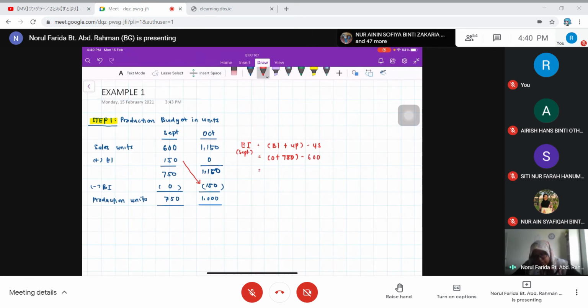Alright, so ending inventory supposed to be 150. Oktober, same thing lah. Beginning inventory adalah ending inventory untuk September which is 150 plus unit produce 1000 minus unit sold 1150. So ending inventory untuk Oktober adalah 0. Alright.